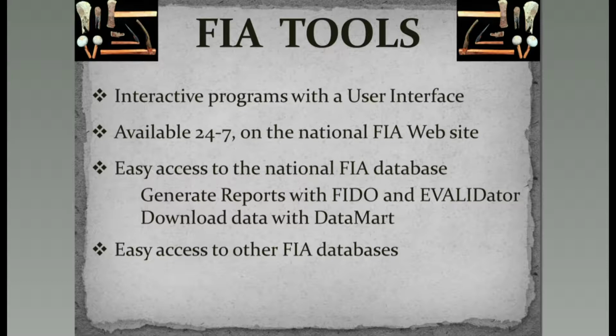You can use FIDO and EVALIDator and download data with the DATAMART. Okay. And there's other FIA databases like the TPO database and the National Woodland Owners database and things like that.